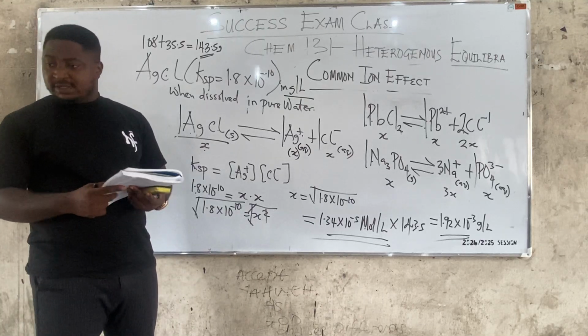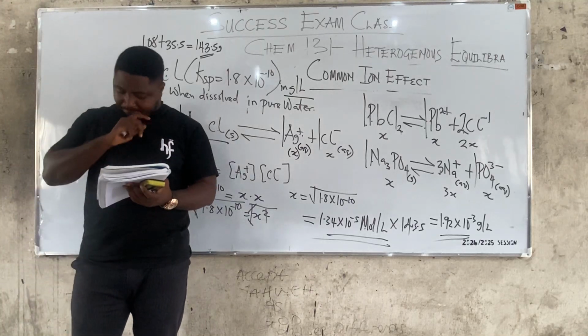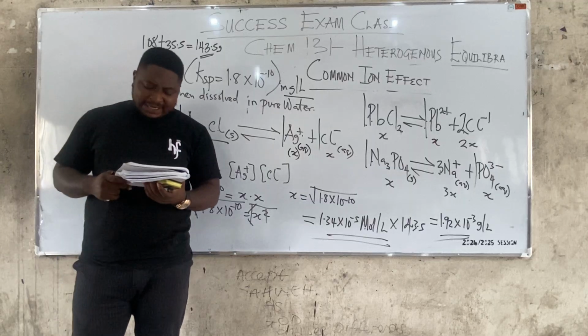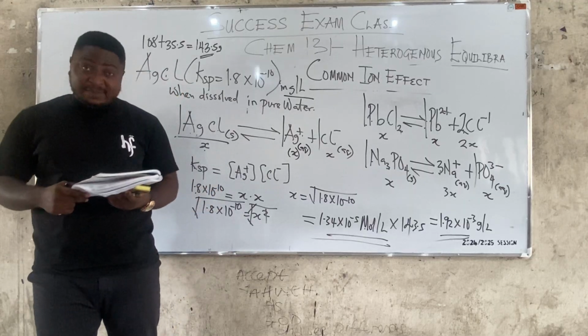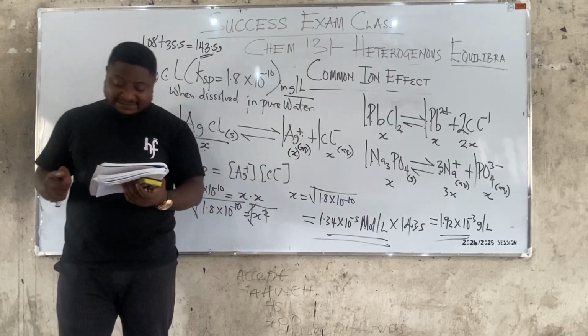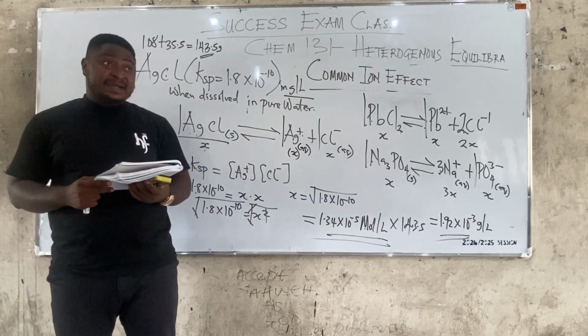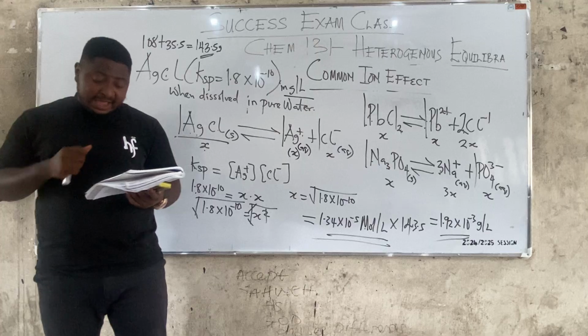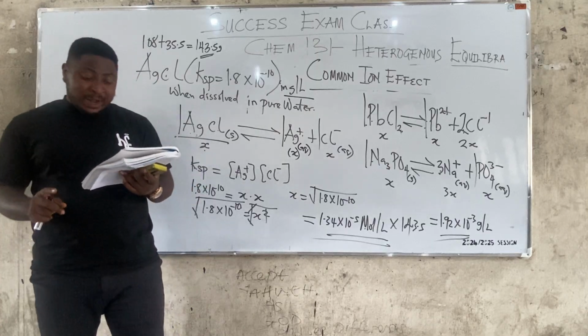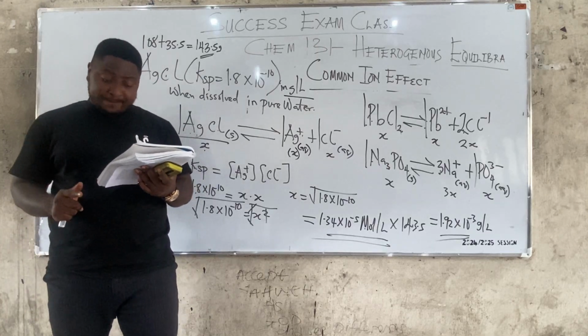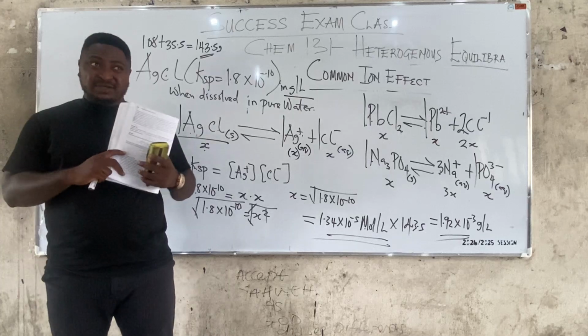Quickly, are you ready? Okay, let's go. Calculate the molar solubility of AgCl, the same AgCl, in gram per liter, but in 1 times 10 raised to minus 3 M concentration of CaCl2.